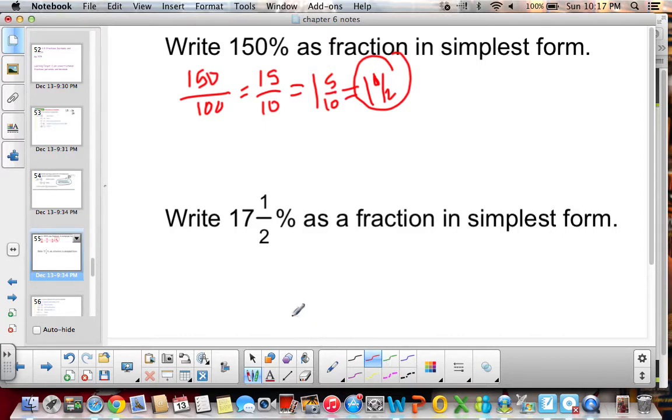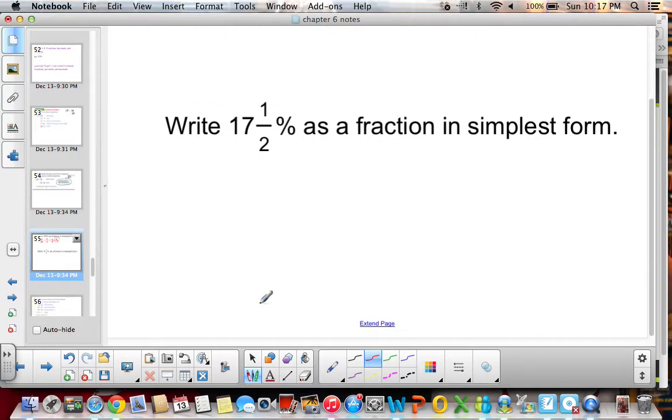17 and 1/2% as a fraction in simplest form. So remember, we would take 17 and a half and we would write it over 100. So 17 and 1/2 over 100 equals 17 and 1/2 divided by 100.